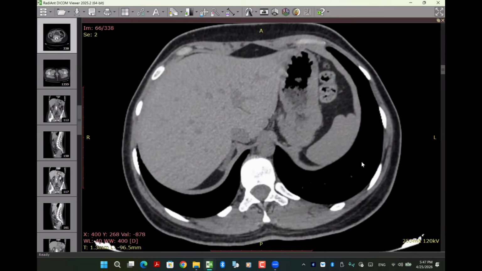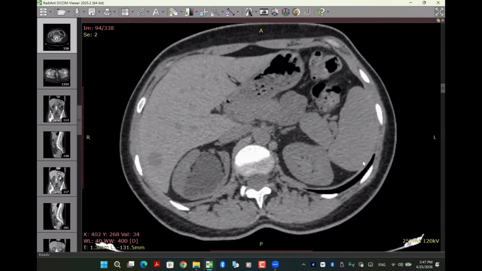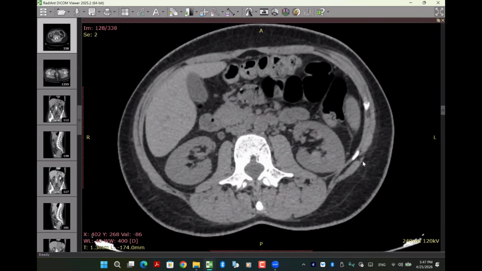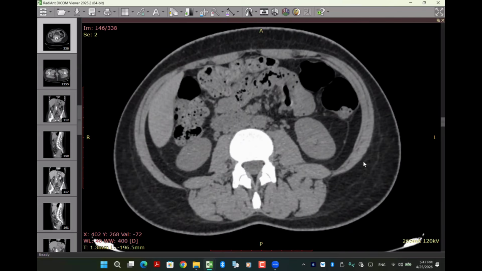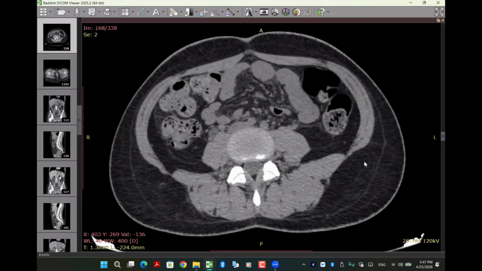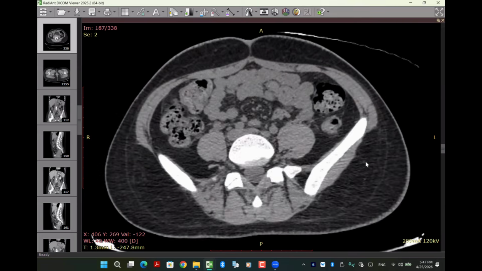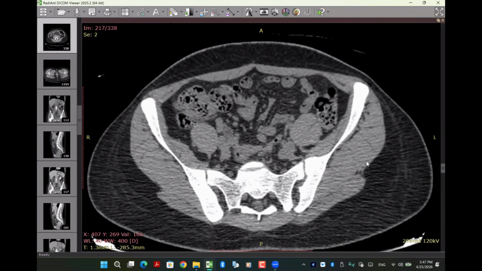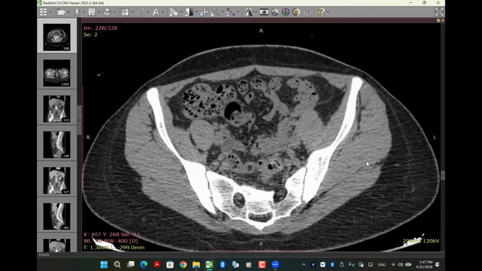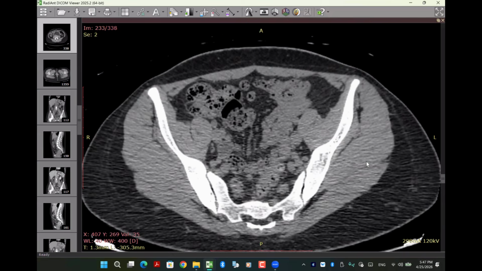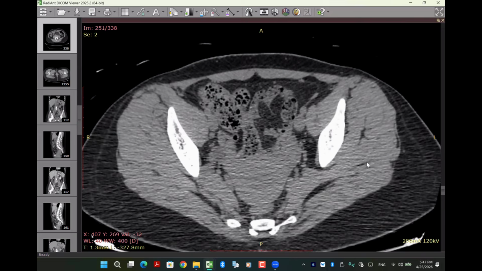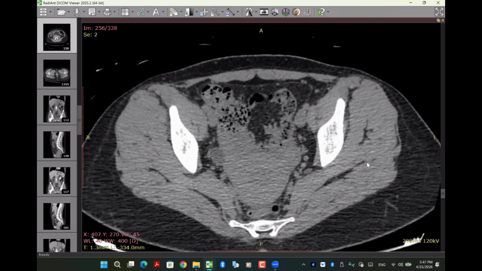The left kidney appears normal. There is no hydronephrosis and the ureter is not dilated. So I am unable to comment on the urinary bladder, which is collapsed. The right kidney reveals moderate hydronephrosis, especially in the upper and mid pole. No stone is seen in the right kidney. The possibility of any mass lesion in the right ureter or bladder cannot be excluded on this non-contrast study.